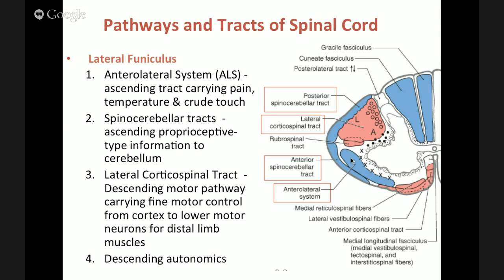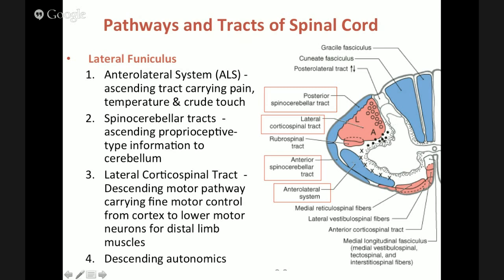Anterolateral system is more inclusive because many of the fibers in this tract, I believe the majority, are actually spinoreticulars. So there are different populations of axons within this anterolateral tract or system within the spinal cord. But regardless, the functions of these axons are carrying pain, itch, temperature, and crude or light touch.